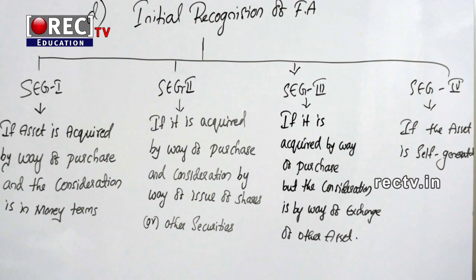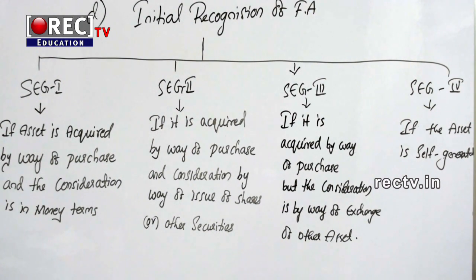The second segment, if it is acquired by way of purchase and the consideration is by way of issue of shares or other securities. The third, if it is acquired by way of purchase but the consideration is by way of exchange of other assets. And the last, the 4th segment, if the asset is self-generated. Now let us see one by one, segment wise.